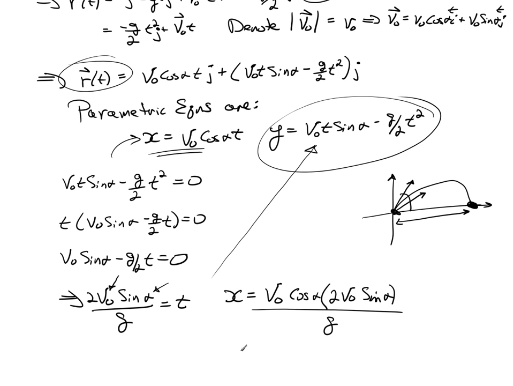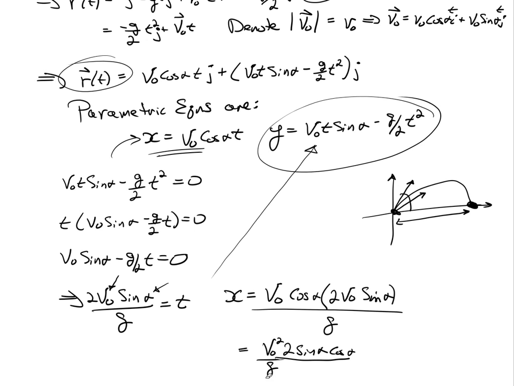So this is going to be twice v naught squared over g. I'm going to move this 2. See, v naught squared 2 times sine of alpha cosine of alpha.